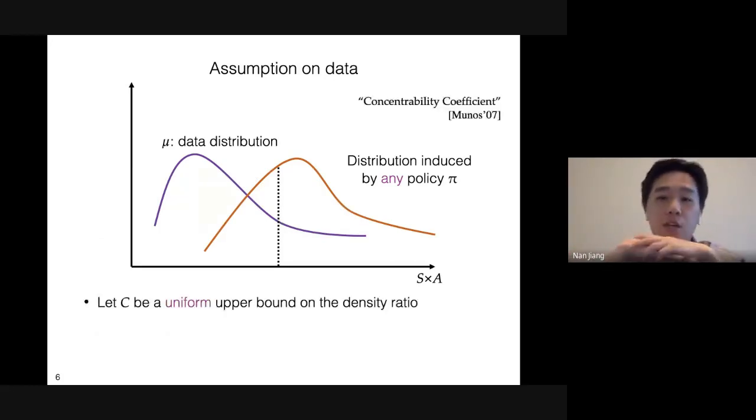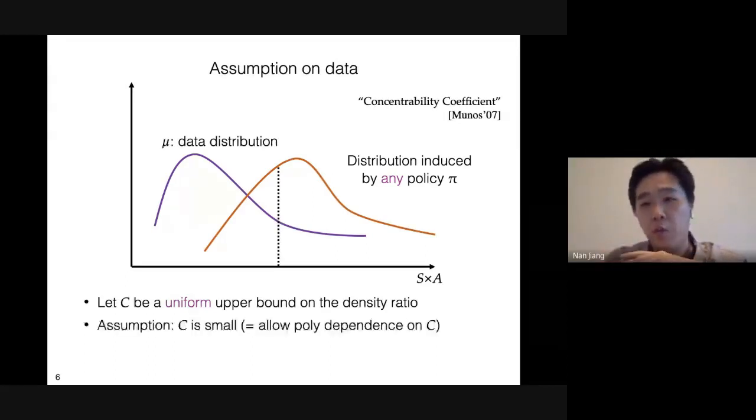You define this number C, which is often referred to as the concentrability coefficient, as a uniform upper bound on the density ratio between these two distributions. So you look at any state action pair where the density induced by a policy pi is high and the density of mu is low, and you ask what is the ratio between these two densities?